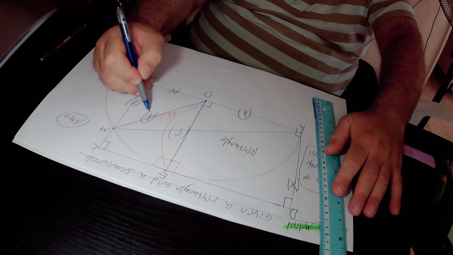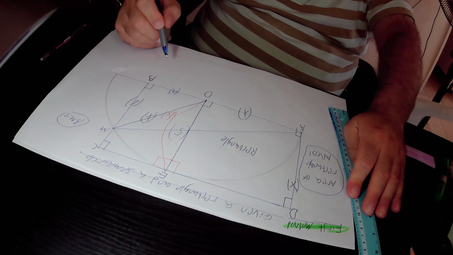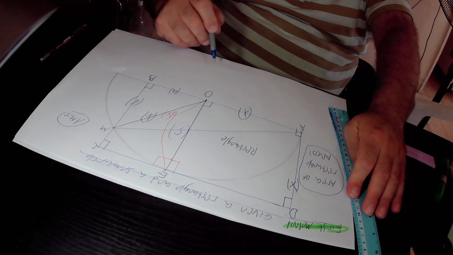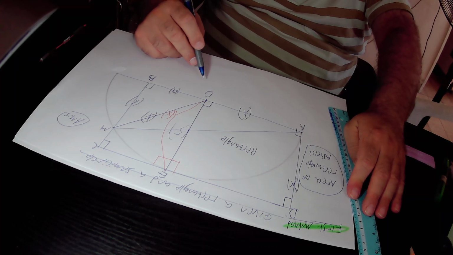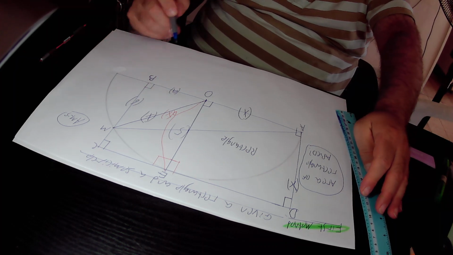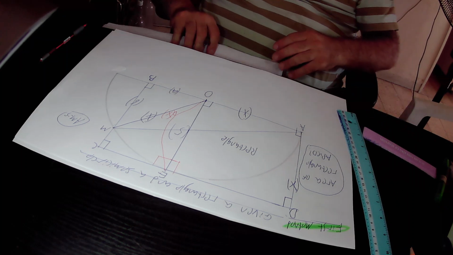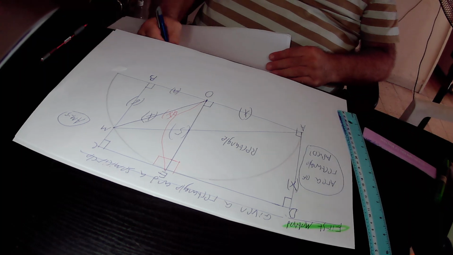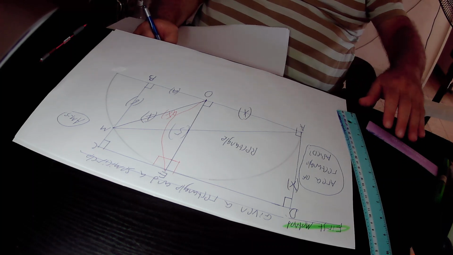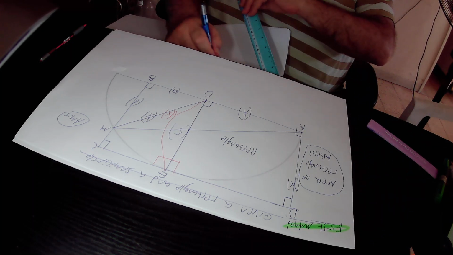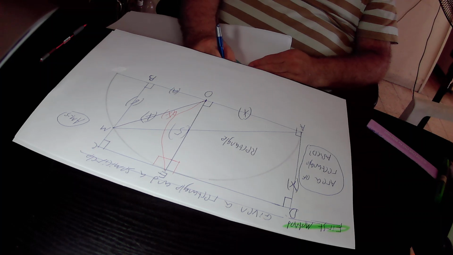In the next step, I'll copy the right triangle OMB in a new page, and we will implement the Pythagoras theorem on this right triangle, triangle OMB. Here PT is short for Pythagoras theorem.